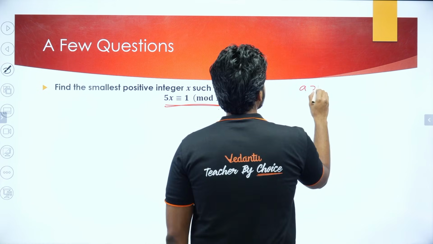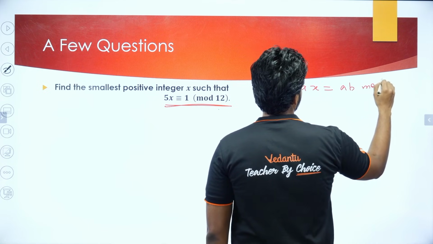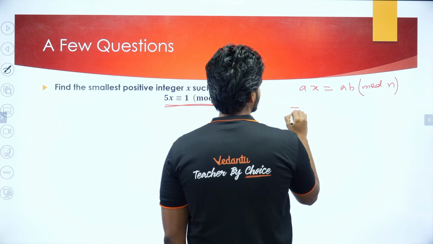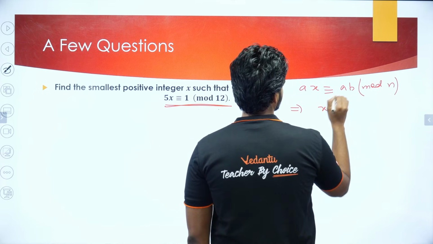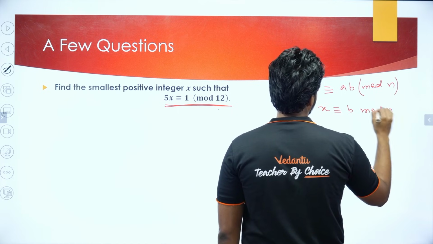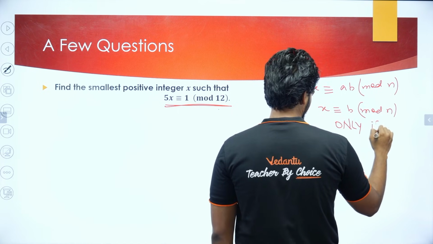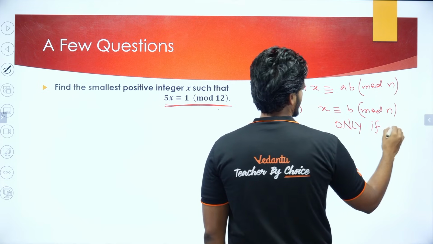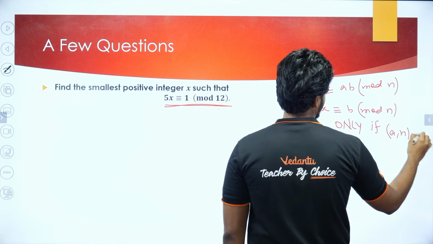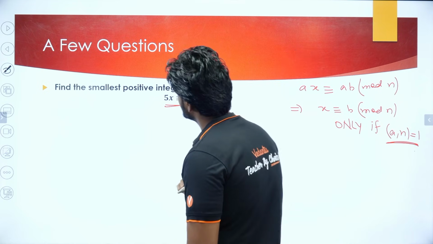If ax is congruent to ab mod n, a can be cancelled and it implies x is congruent to b mod n only if GCD of a comma n is 1, right?